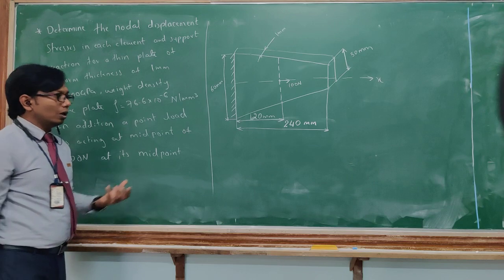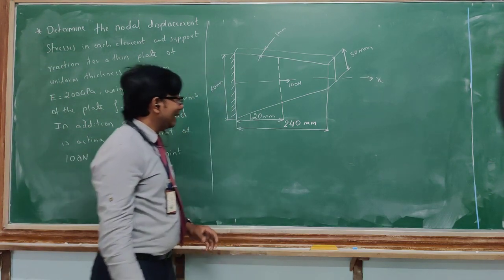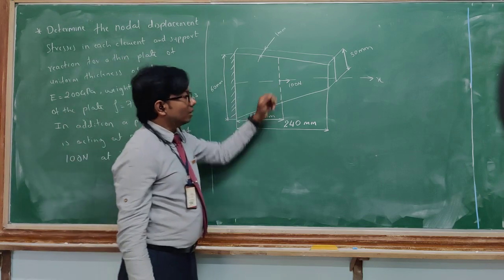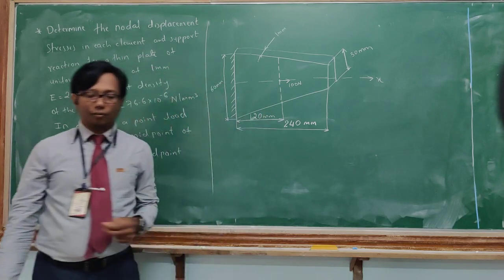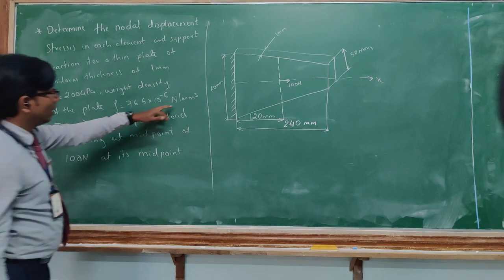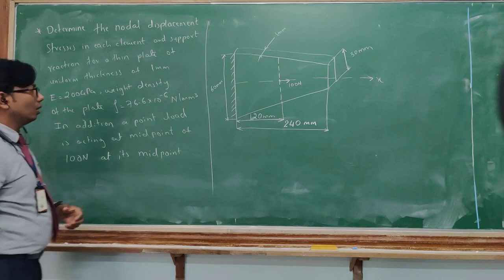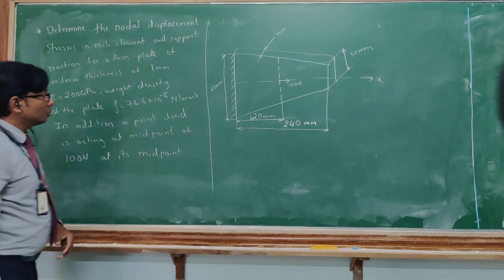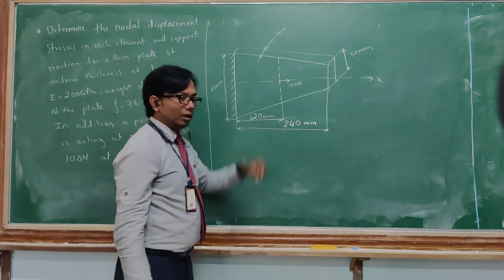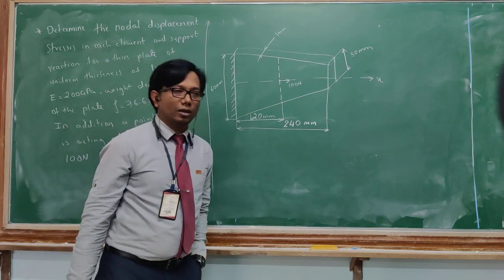So we need to study the effect of the body force acting on this body, as well as the point load. You have two types of forces here. One is the body force, in Newton per mm cube, which is load acting over the volume, and in addition a point load is given. We need to solve it using the FEM method.